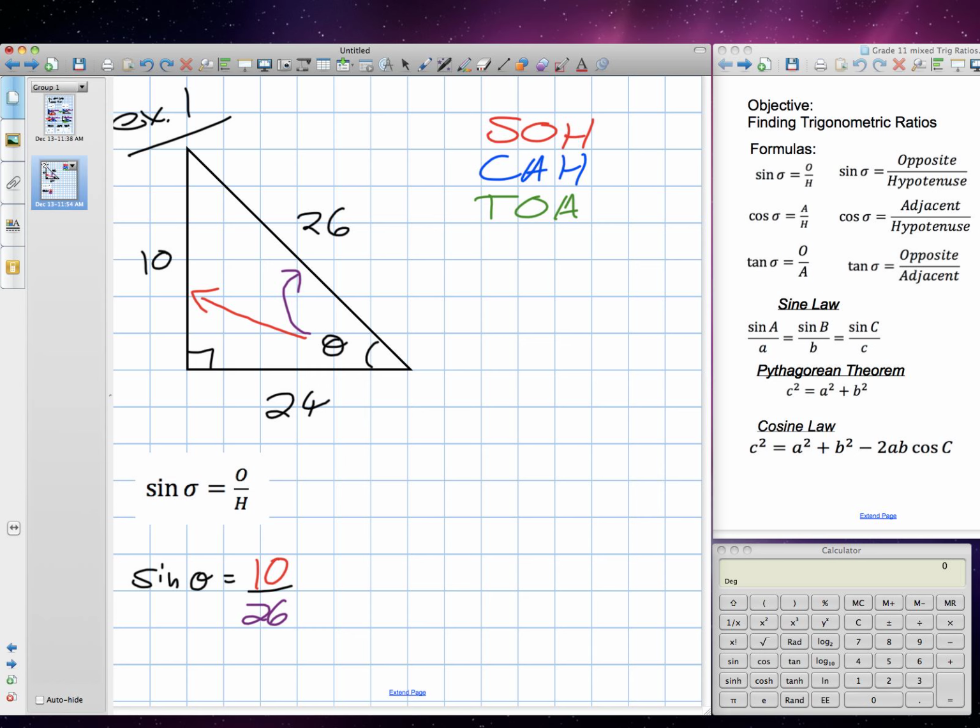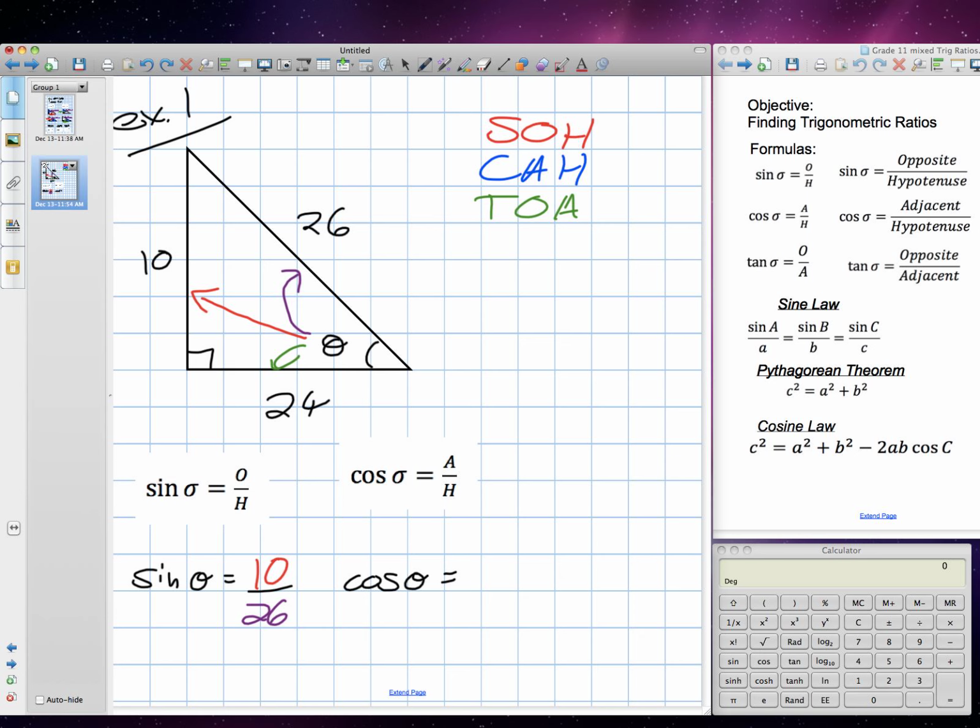Okay. In our next question, we're going to deal with our cosine law. Sorry, not law, ratio. So we take our cosine ratio, and in this one, it's dealing with the adjacent side. So right now, the only side of the triangle I haven't named is the adjacent. Which would it be? 24 is going to be our adjacent side. So in other words, we're going to end up with cos theta is equal to our adjacent side, 24.